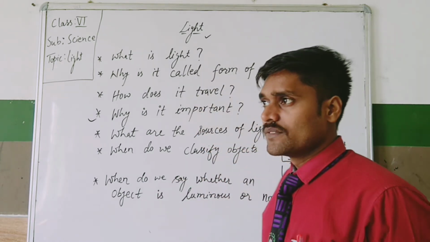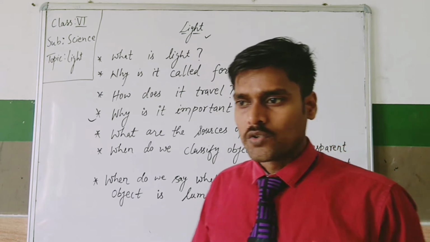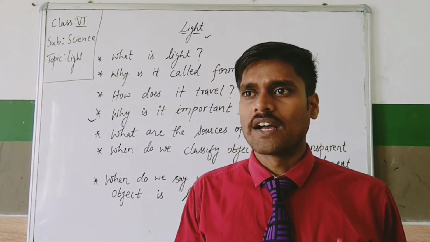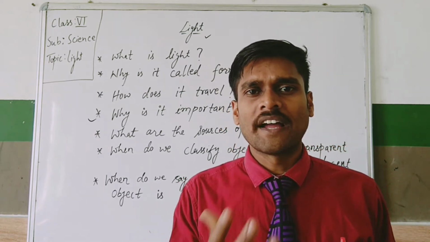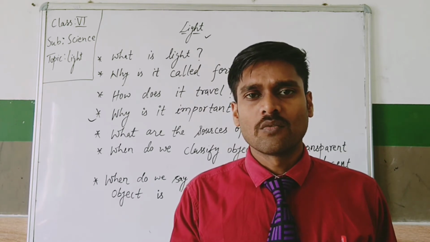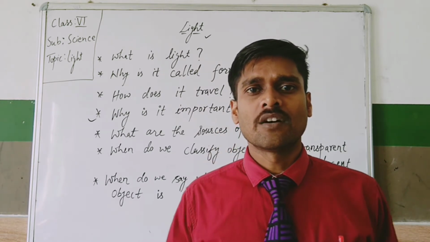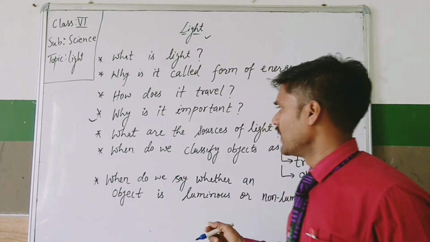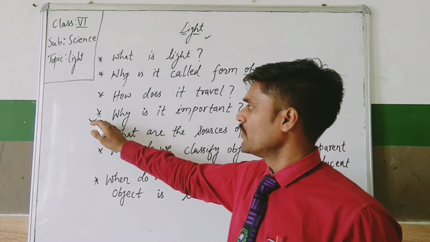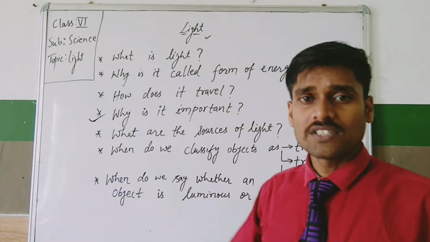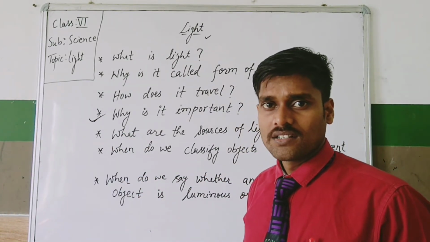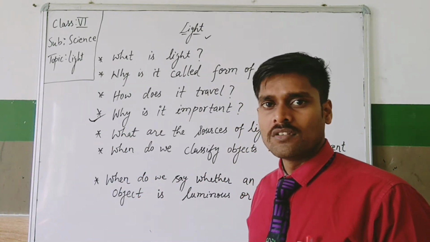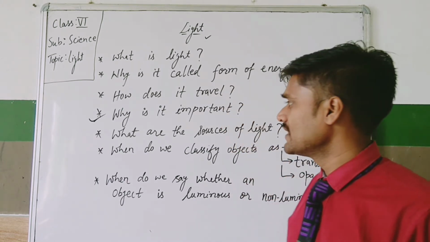Okay, so it became very easy to grasp knowledge, to consider some views, some ideas about something when we see different objects around us. Okay, so it is important, and it is also important in different chemical processes as well, that we shall come to know in further classes.